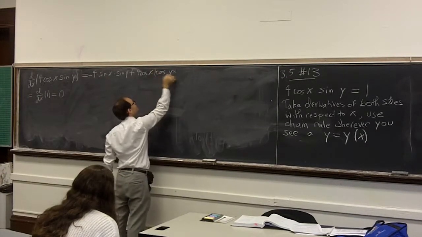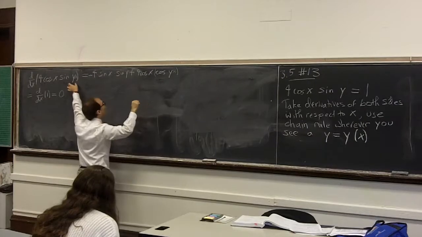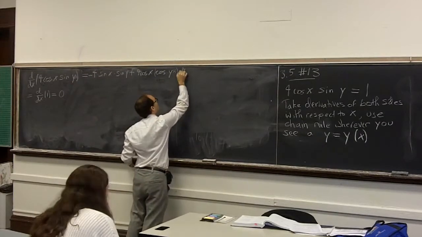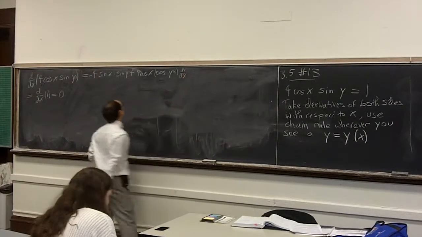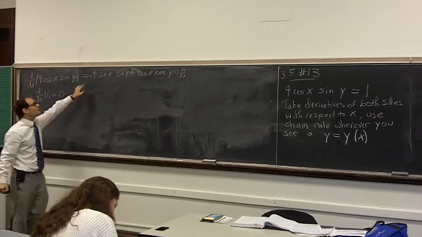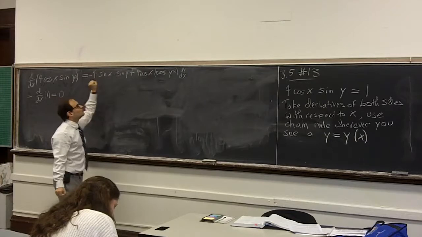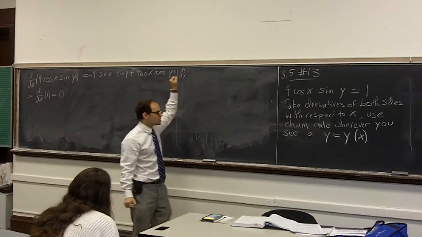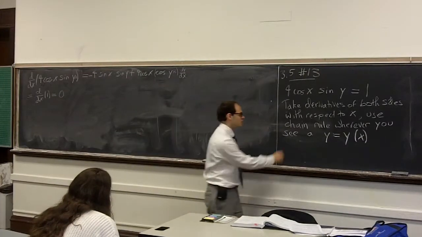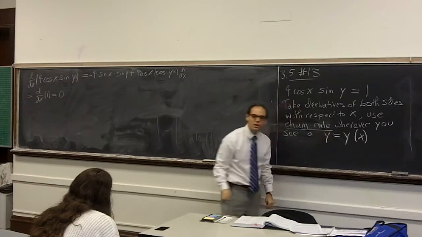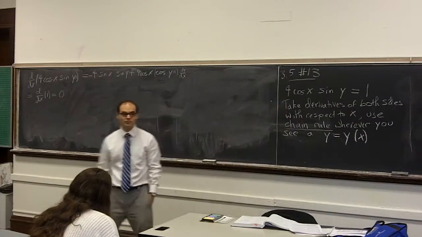So we need to multiply this whole thing by the derivative of that. So do not forget that sort of thing. Of course, don't forget the minus signs when you're taking derivatives of cosine, but definitely when you're doing implicit differentiation, the thing that needs to be on your brain the whole time is, where do I use the chain rule?